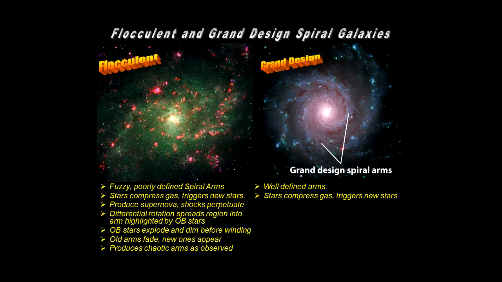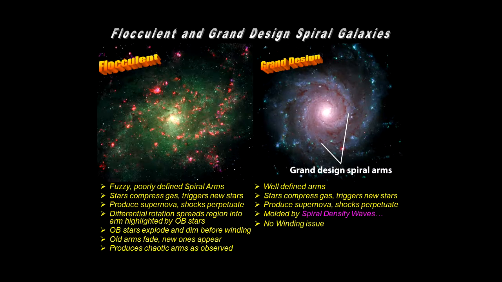The stars, as before, compress the gas and trigger new star formation, producing supernova and shock waves, perpetuating the process. But in this case, the arms are molded by what are called spiral density waves that are modifying the conditions in the arms, and the stars actually go in and out of those arms.